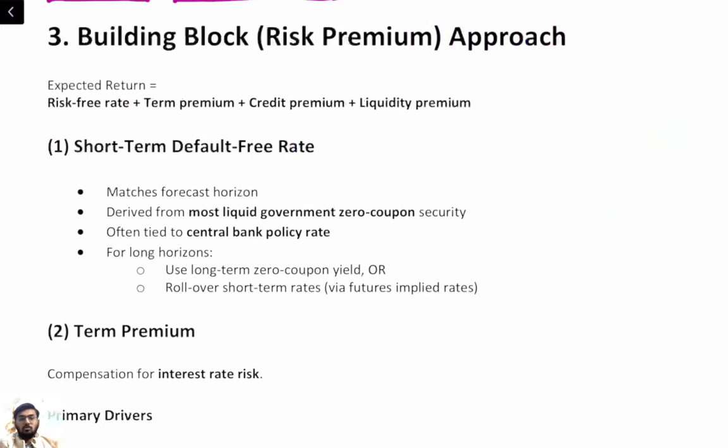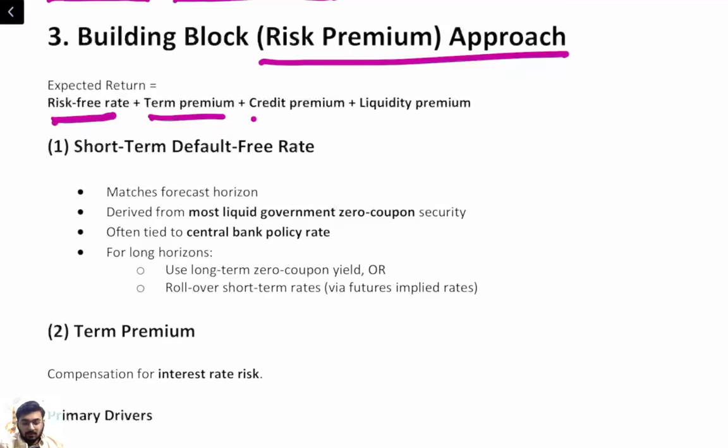Now another approach of forecasting the return on your bonds is the risk premium approach. Clear? It includes 4 factors. One is your short term risk free rate. Then the term premium, how long is the term? Credit premium, if there is any default risk or not, and whether the bond is liquid or not.